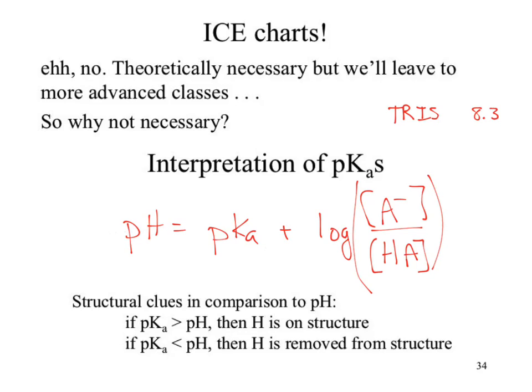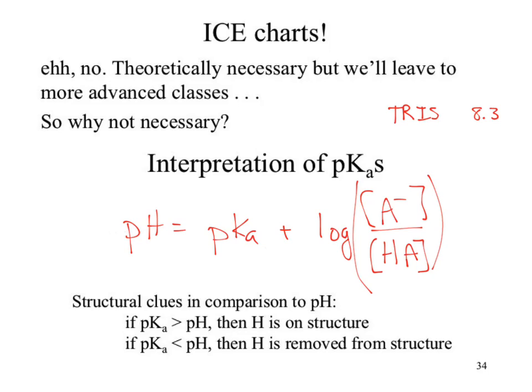We can make some kind of structural evaluation. So if the pKa is larger than the pH, what does that mean? The pH defines whether we're acidic or basic. So if the pH is smaller than our pKa, are we more acidic or less acidic?